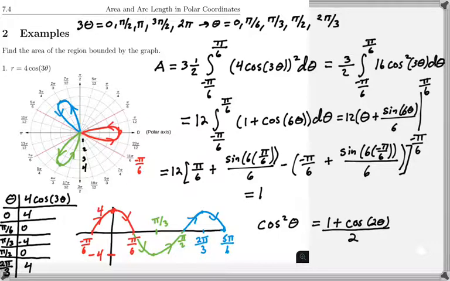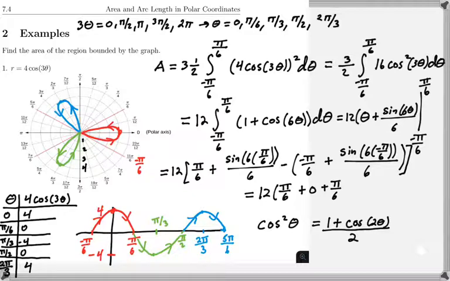Okay, so this is going to be 12 times pi over 6, and then sine of 6 times pi over 6 is just going to become the sine of pi, which is 0. And then we got minus negative pi over 6, which becomes positive pi over 6. And then we're going to have minus sine of 6 times negative pi over 6, which becomes the sine of negative pi.